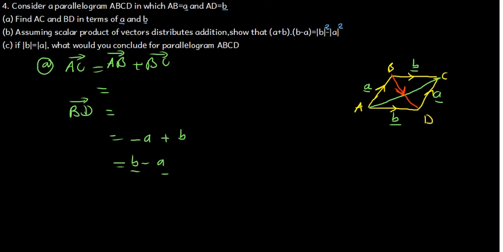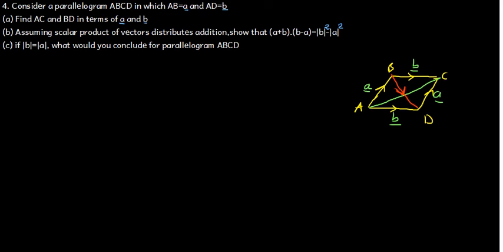Alright. Now for the second question, assuming a scalar product of vectors distributes over addition, show that (a plus b) dot (b minus a) is equal to the magnitude of b squared minus the magnitude of a squared. So starting with a plus b dot b minus a.